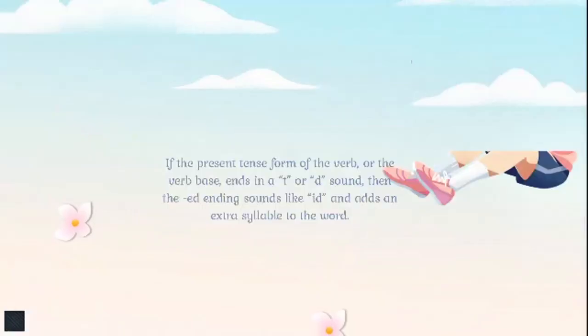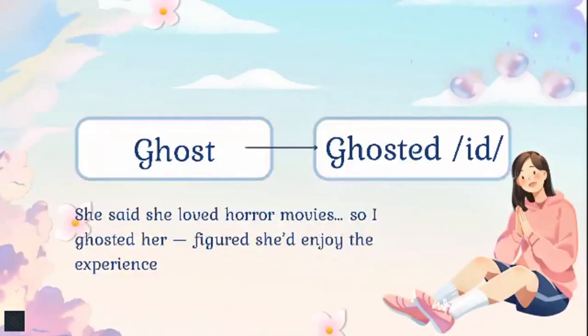The word ghost, which ends in a t sound, becomes ghosted. We add an extra syllable and pronounce the -ed sound. Look at these sentences with ghosted. Try to pronounce it properly, you too. She said she loved horror movies, so I ghosted her. Figured she enjoyed the experience.